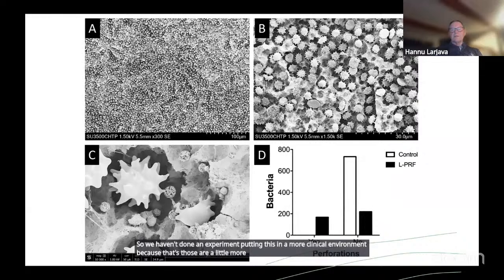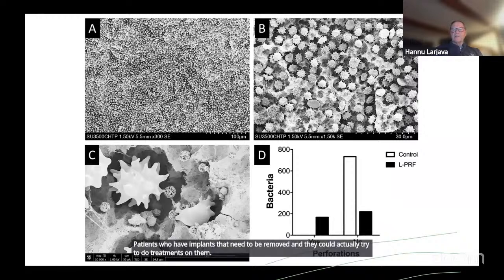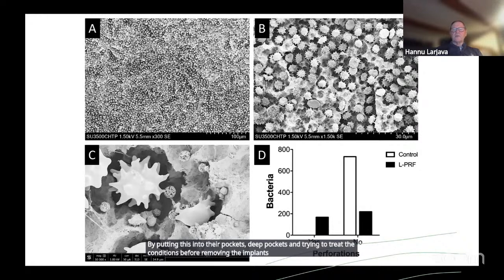The idea was that because we always do conservative treatment of peri-implantitis first, we could do experiments with patients who have implants that need to be removed, and try treatments on them by putting this into the deep pockets and treating the condition before removing the implants and doing examinations, or just do a clinical study with moderate periodontitis and treat them with the LPRF membranes.